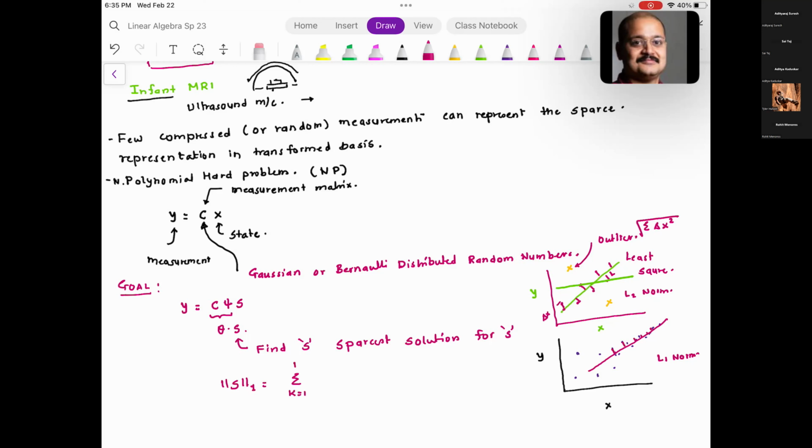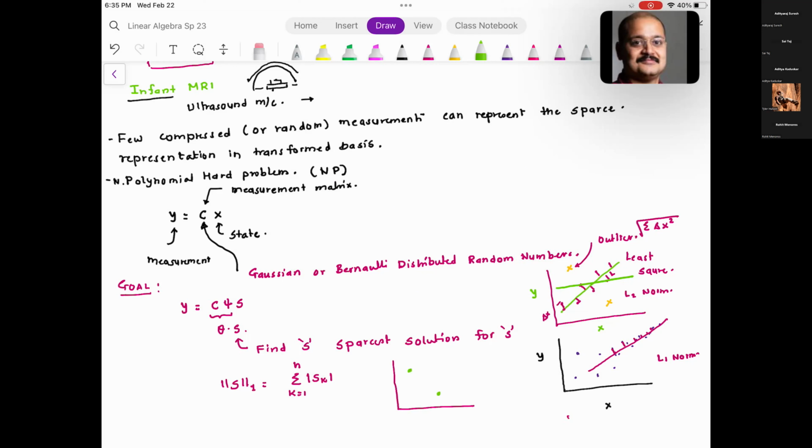So if I want to find the L1 norm solution, here is what I'm going to do.